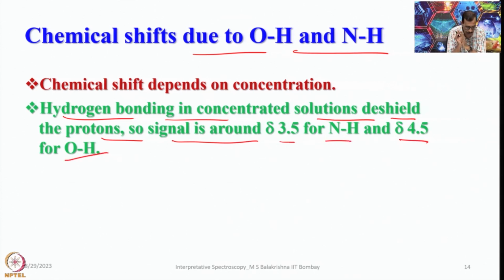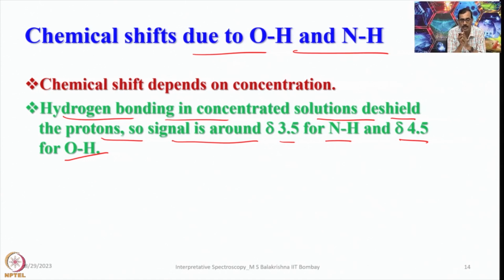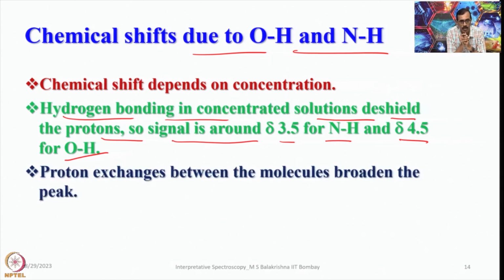That means if considerable hydrogen bonding is there, that results in de-shielding of the protons involved in hydrogen bonding, and hence the chemical shift due to NH protons or OH protons would shift to 3.5 ppm and 4.5 ppm respectively. So, that means if hydrogen bonding is there in molecules in solution, one should be able to diagnose and tell approximately to what extent the hydrogen bonding is there by just simply looking into the chemical shifts of such molecules.